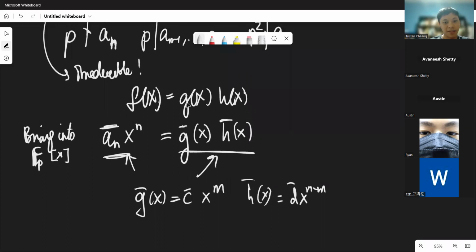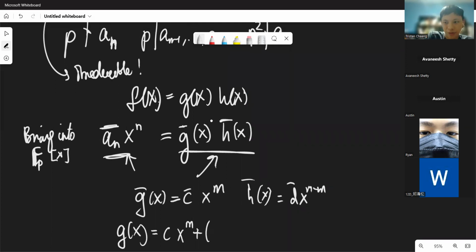But okay, that means what should the original g be? The original g should be something like c times x^m plus multiples of p times lower terms.